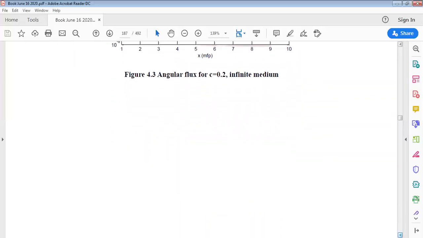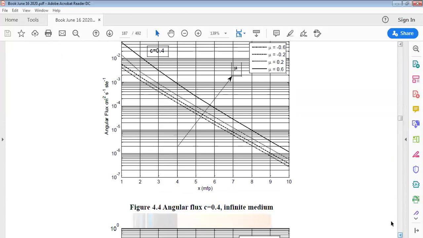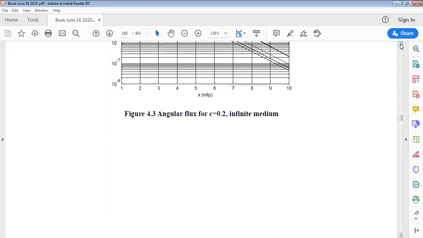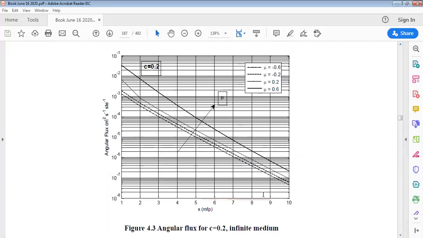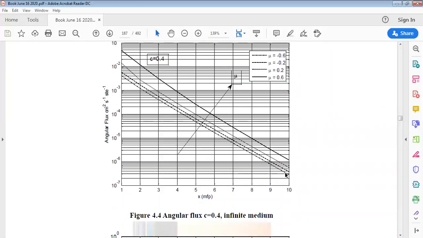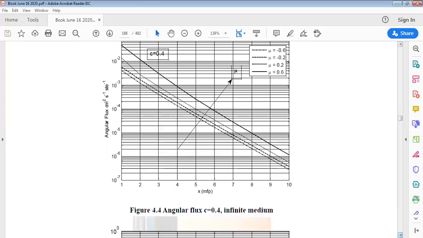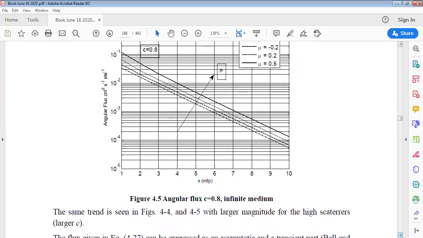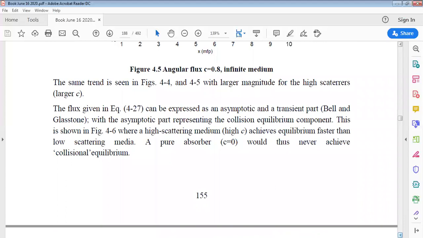Now, as you vary the value of c, you see there's an uplift in the angular flux. The values were all below 10 to the -3, here going down to 10 to the -7, and here there's a slightly higher value. So there's a movement upwards, more scattering, and again more scattering over here. These are the various exact solutions.